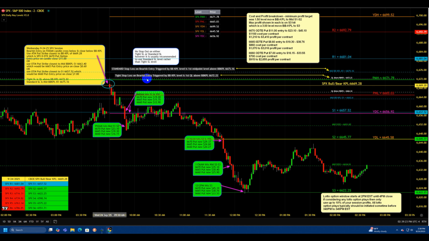So for example, here we paid $11 on this entry of the 66.70, and now it's $23.10 when it hits this level here. So if you were not exiting your trades 100% here, and you were adjusting your stop loss based on price, then you would want to put your stop loss at least at $11, which is what you paid.